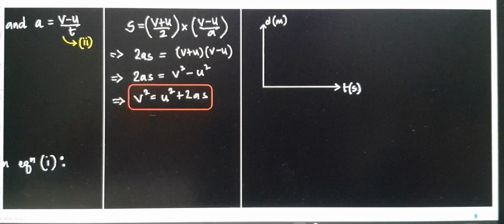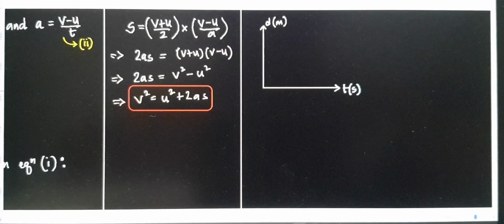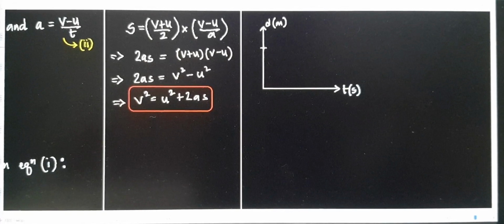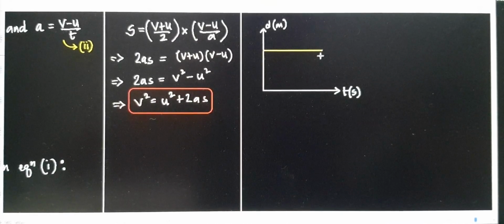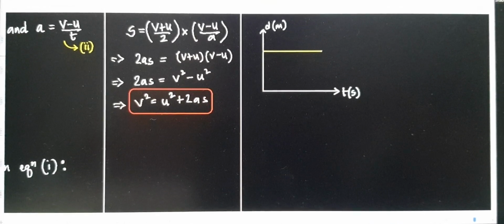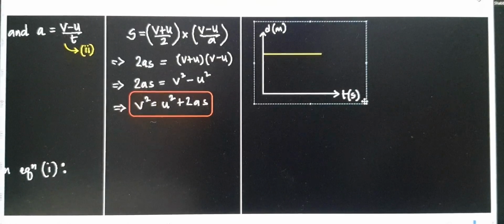So what are these 7 shapes? The first and the easiest shape, of course, is a horizontal straight line. Right? That's the easiest shape. Okay. Next.